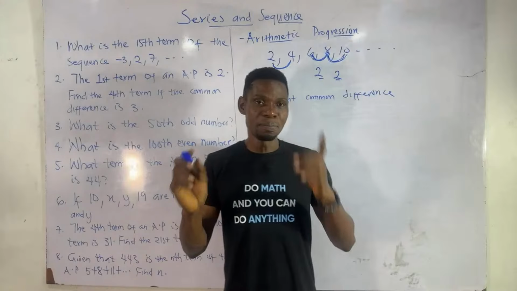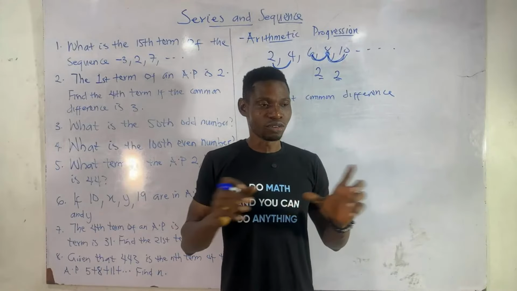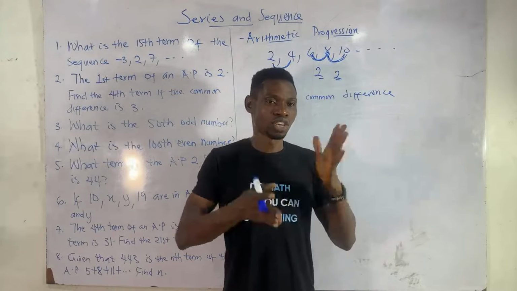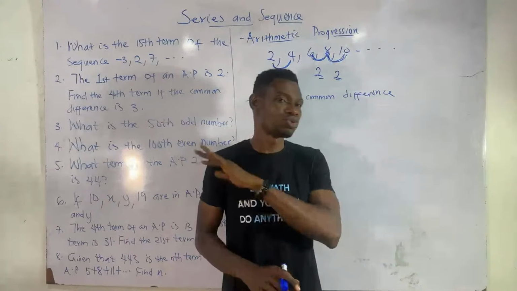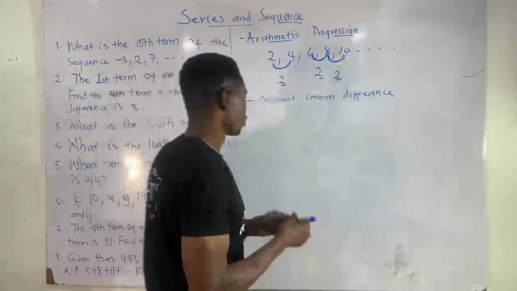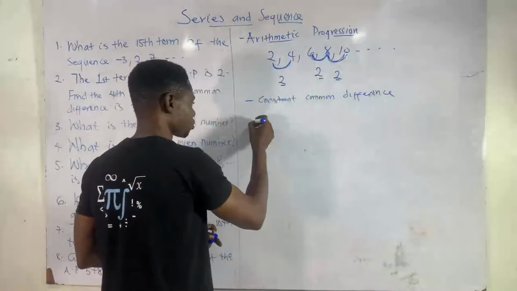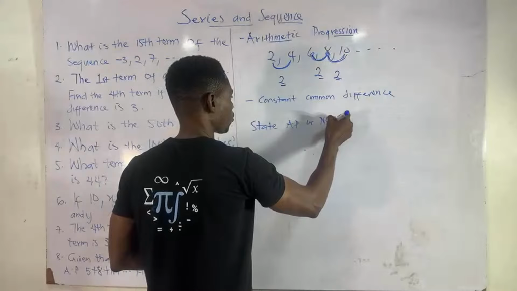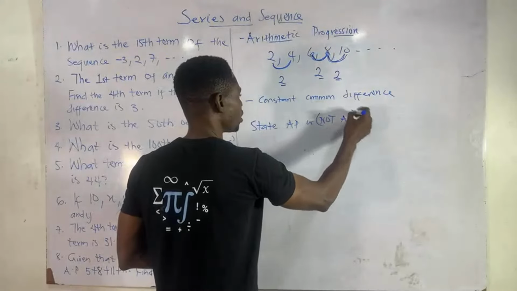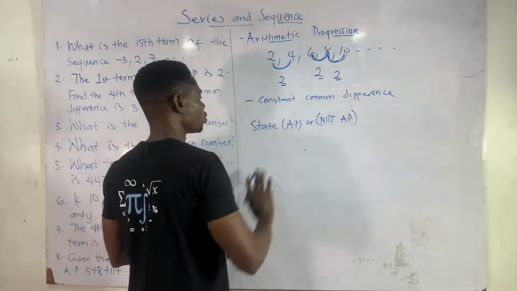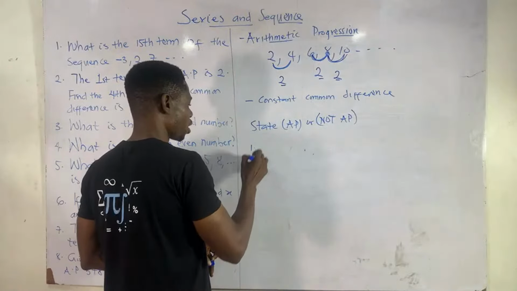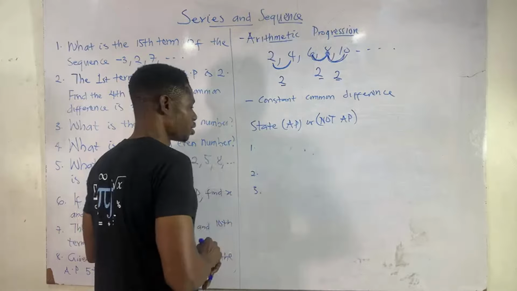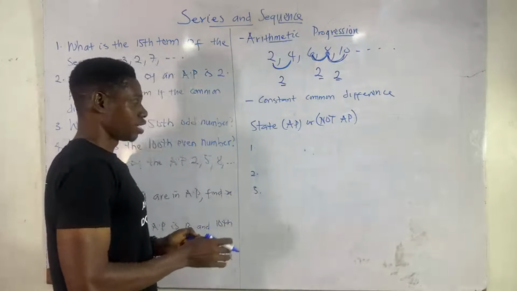Remember, if it's an AP, the difference between two consecutive terms will be constant throughout the series, or sequence. So you're telling me either it's AP or it's not AP. So number 1, 2, and 3. You just tell me whether or not it's an AP.